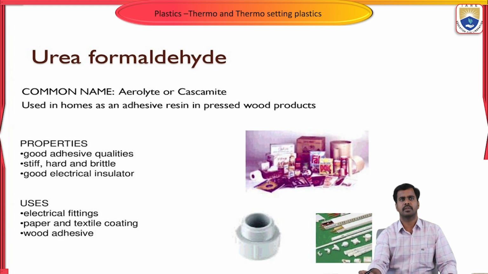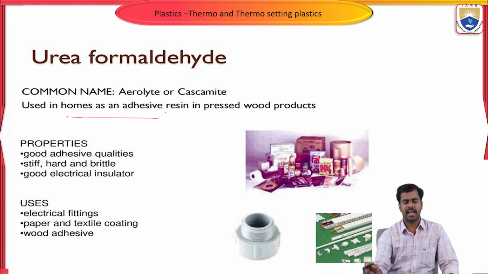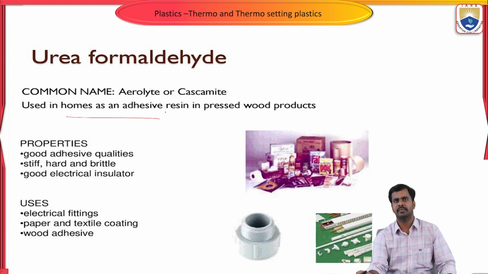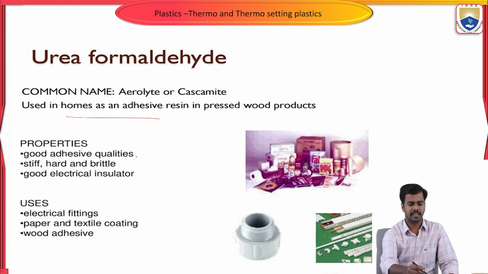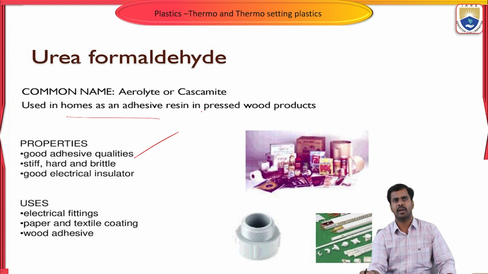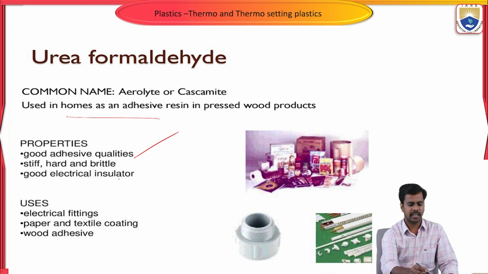This is urea formaldehyde. The common names are Aerolite or Cascamite. It is used in homes as an adhesive resin in pressed wood products. Its properties are good adhesive qualities, stiff, hard and brittle, and a good electrical insulator.